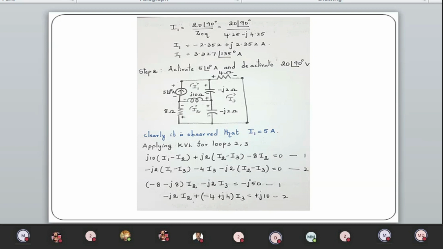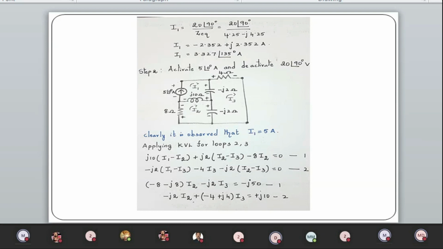Why I1 minus I2? Because I1 is the principal current of node 1; we are taking node 1 as reference. Plus to minus, so minus of minus, plus J2 (I2 minus I3). Plus to minus, minus 8 I2 equal to 0.